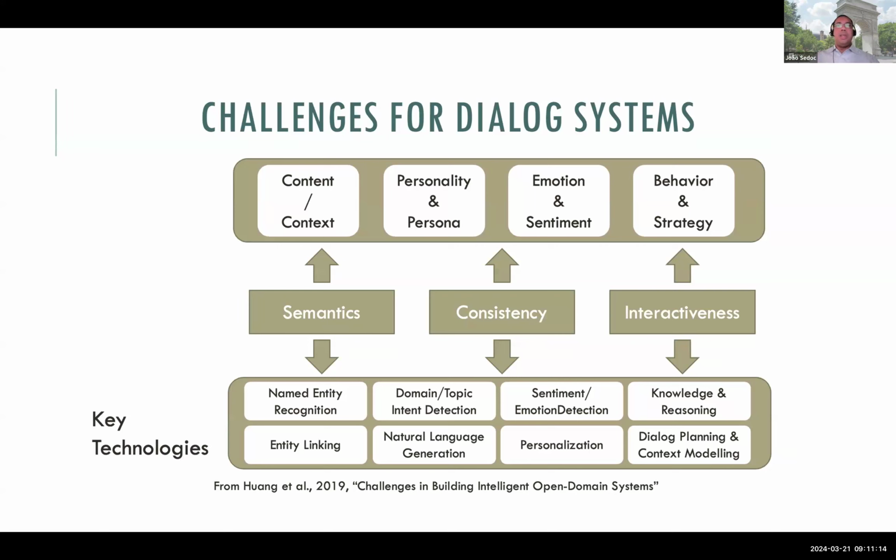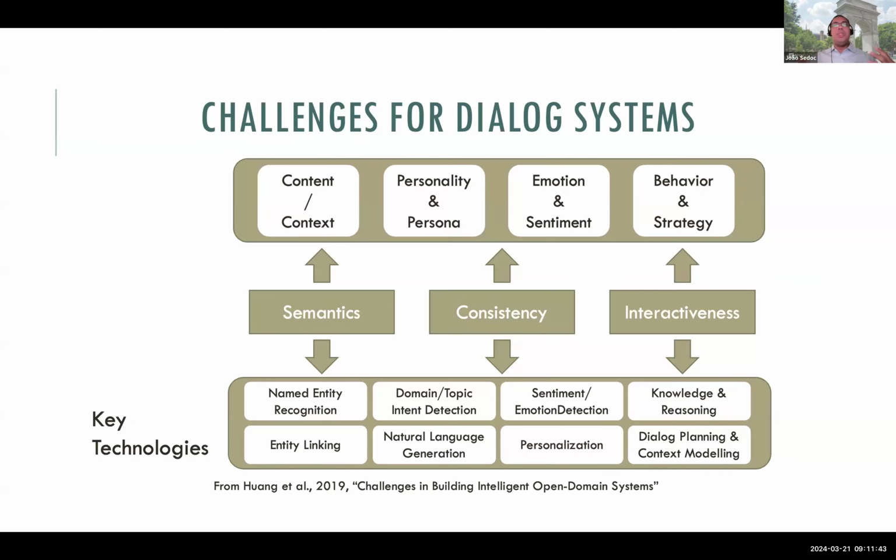And then we have key technologies like named entity recognition or intent and domain classification or sentiment analysis. These types are surrogate measures which can be used for intrinsic evaluations of the systems. And once you have these sort of intrinsic evaluations, what makes sense?